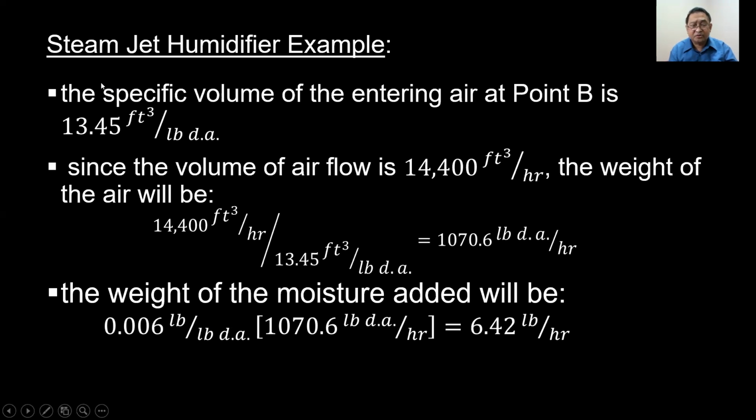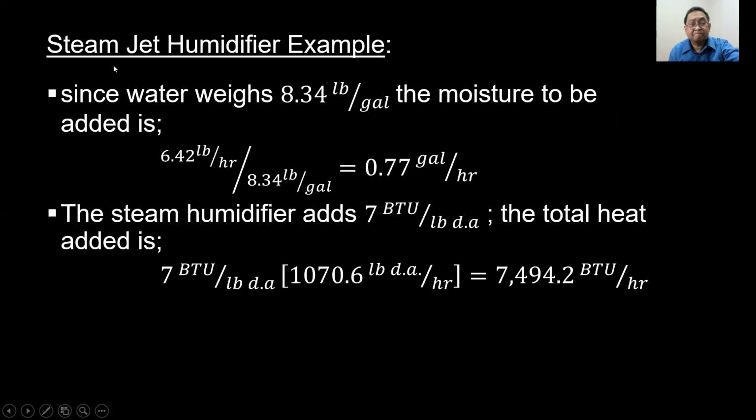And the weight of the moisture added will be 0.006 pounds per pound of dry air times 1070.6 pounds of dry air per hour. We will have 6.42 pounds of moisture per hour. And since water weighs 8.34 pounds per gallon, the moisture added will be 6.42 divided by 8.34 pounds per gallon. You will have 0.77 gallons per hour.